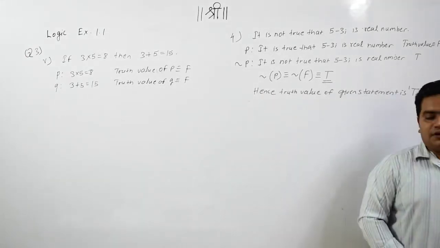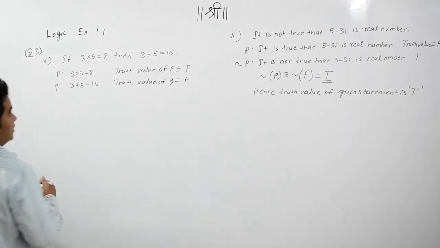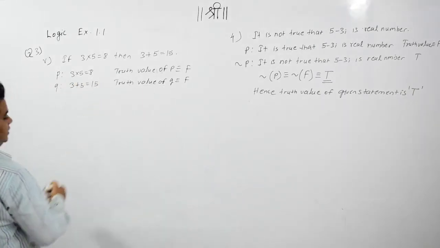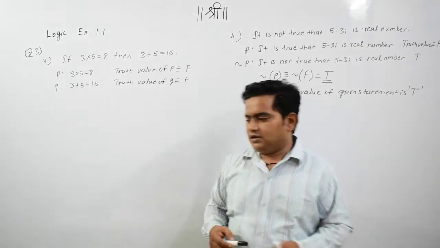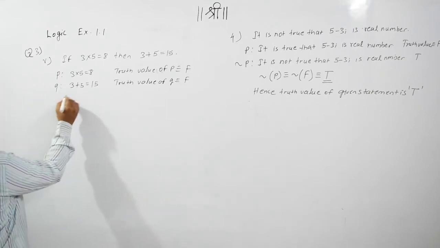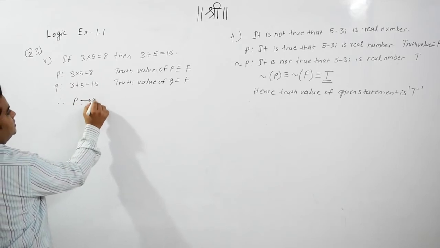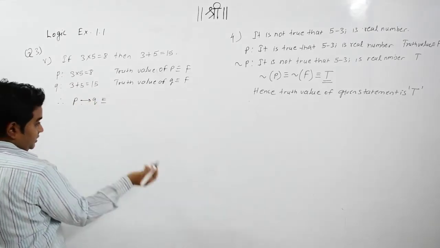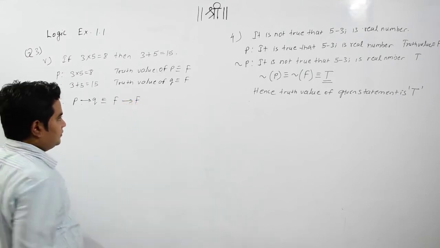Again, here the given connective is either biconditional or the simple conditional. Yes, simple conditional. It is not if and only if, it is if then. So for this case the statement is P implies Q, which is equivalent to F implies F.